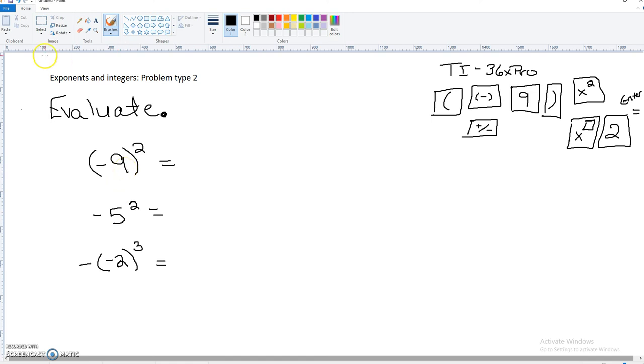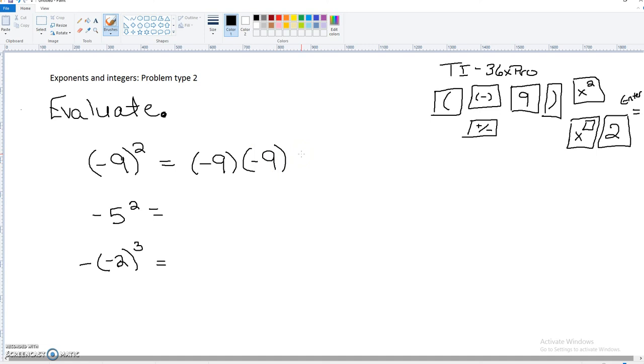What we have here is -9, and it's being squared. So what this really means is that we've got -9 times -9. With this topic, it's pretty much all about where that negative sign is.